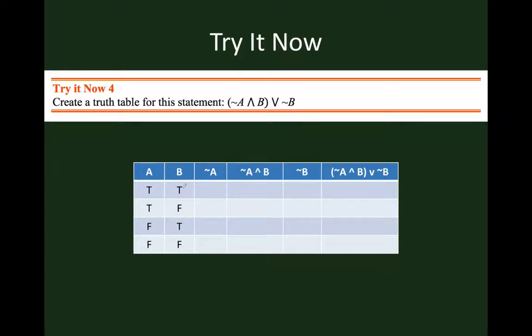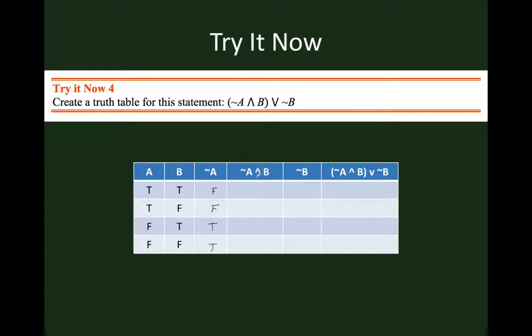Those are all 4 combinations of what's possible for A and B if we allow the statements to be true or false. Now the complement of A, we think of it as not A. So if A is true, not A would be false. If A is false, then not A would be true.